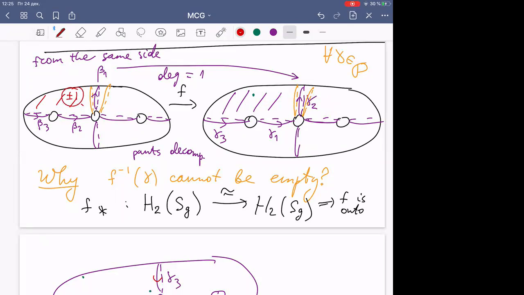So plus if it is again on the same side from beta 1, beta 2, and beta 3 as from the gamma 1, gamma 2, and gamma 3, or minus 1 if the side is opposite.